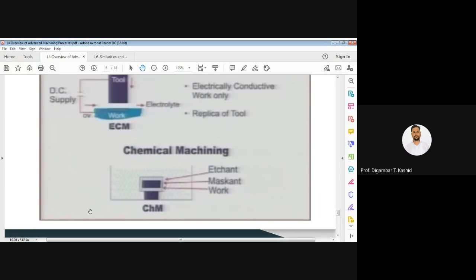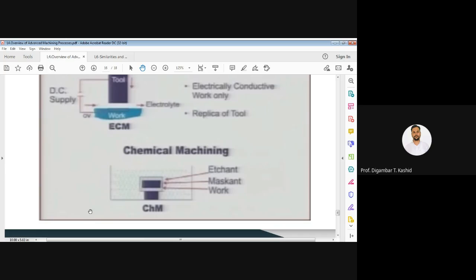When we have applied the etchant and provided the mask, after that we need to dip or immerse the workpiece in the etchant, normally for a definite period of time.